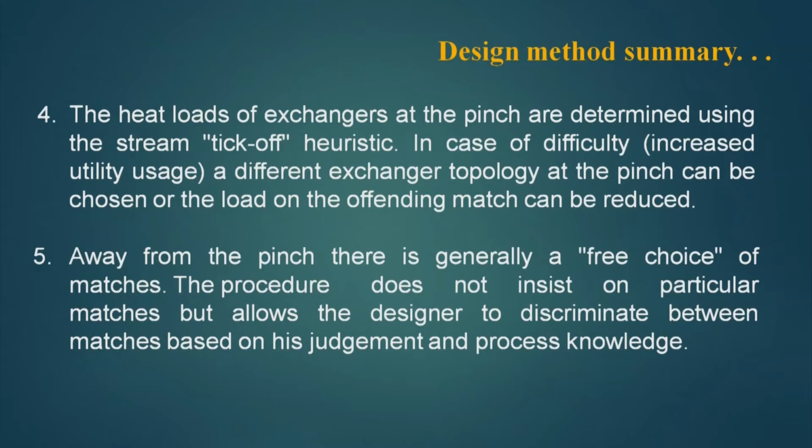That means the streams diverge out from the pinch, and hence the delta T increases. Once the delta T increases, then it is easier to put matches, because it will not violate the delta T minimum criteria.